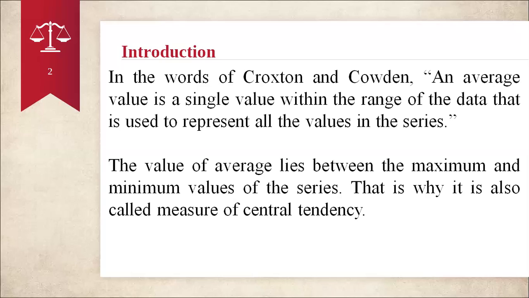Then the value of the average lies between the maximum and minimum values also. For example, if you take marks in a particular class, some people may get 20 out of 20, some may get 15, some people may get 1, and some might get 0.